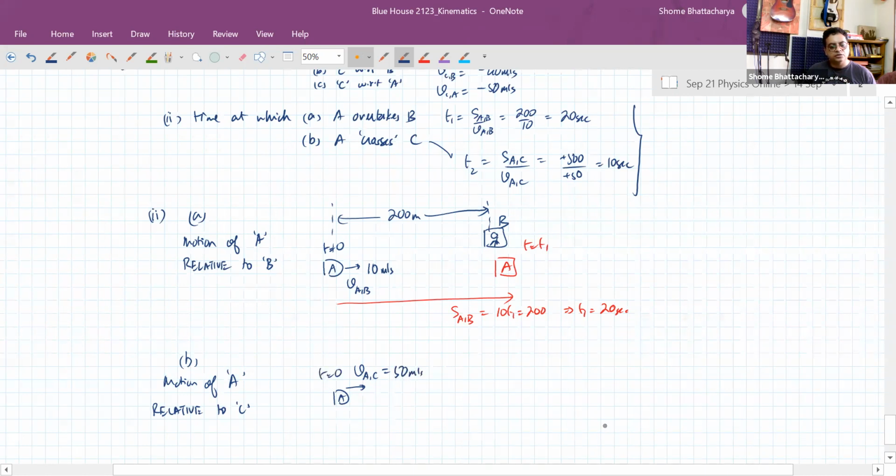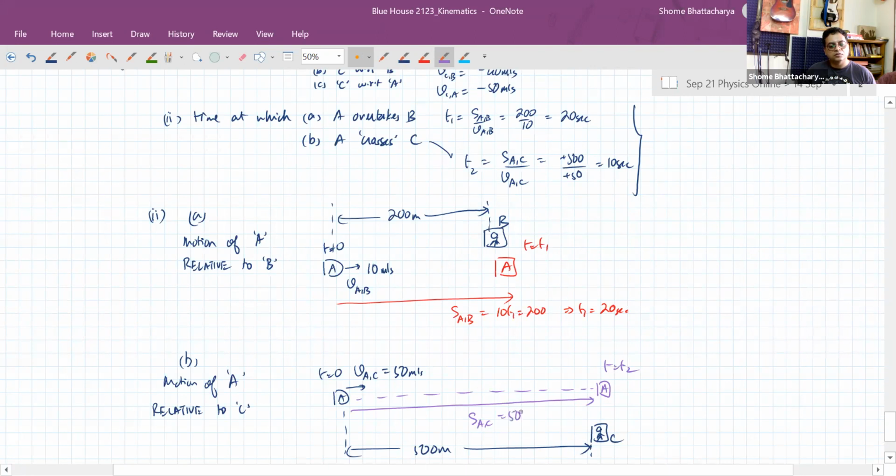And it's here at t equal to 0, whereas your observer is now sitting inside C. So initially he's at a distance of 500 meters. Now by the time he crosses C, it should be this situation. So this displacement of A with respect to C should be equal to 50 T2. So from here you can see that T2 should be equal to 10 seconds.